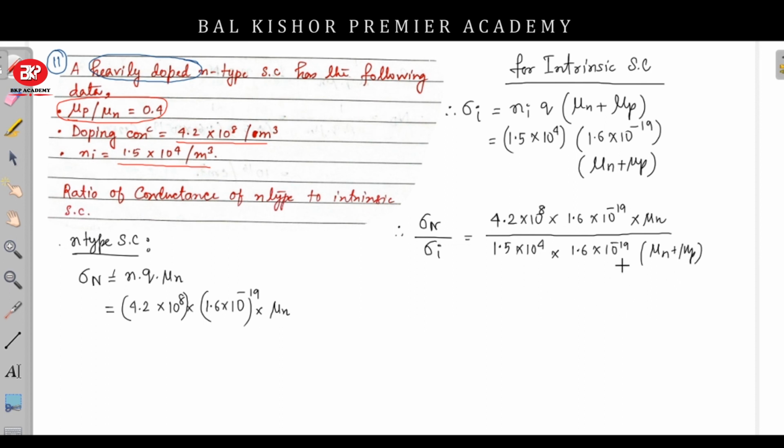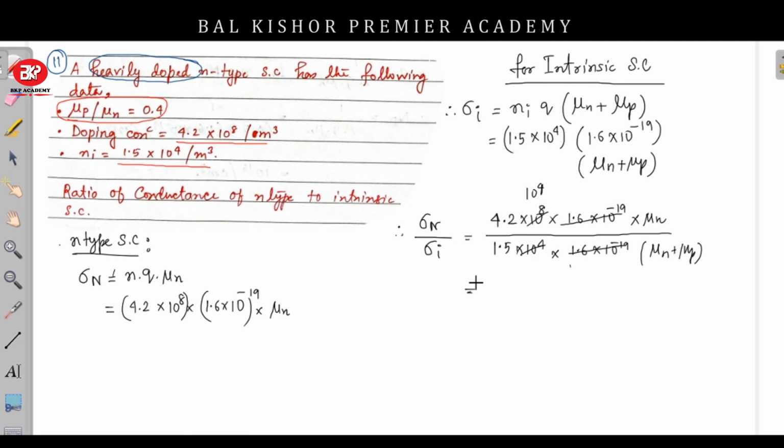So 1.6 into 10 to the power -19 will cut down here. 10 to the power 4 के साथ 10 to the power 8 कट डाउन होके ऊपर में 10 to the power 4, और 4.2 divided by 1.5.